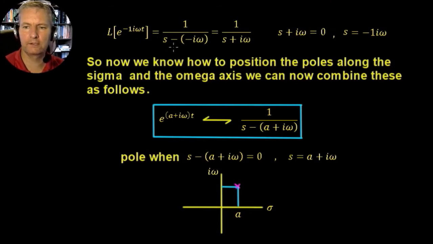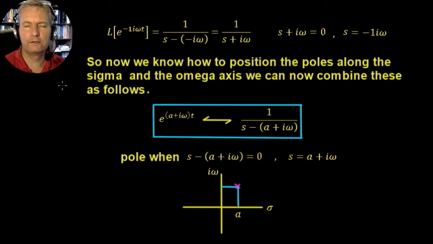So that's 1 upon s minus, now the I omega is minus I omega, so it's 1 upon s plus I omega. So we get a pole when s plus I omega equals 0, or s equals minus 1 times I omega. So we've seen there in the previous slide it cutting the I omega axis at minus 1.